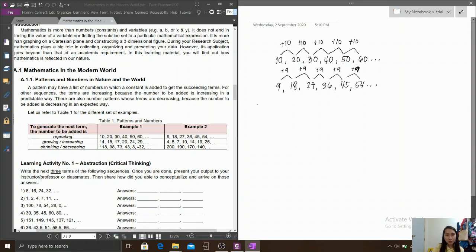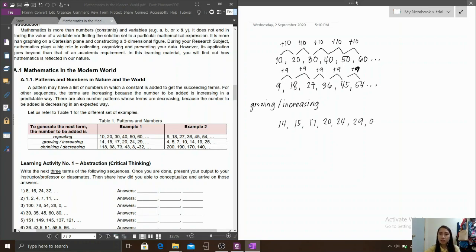Next we have the growing or increasing. Let us have the sequence 14, 15, 17, 20, 24, 29, and so on.